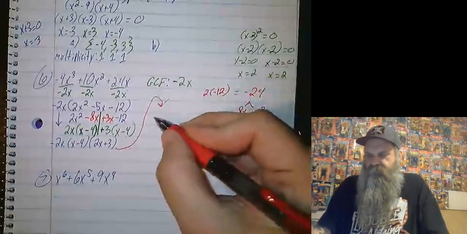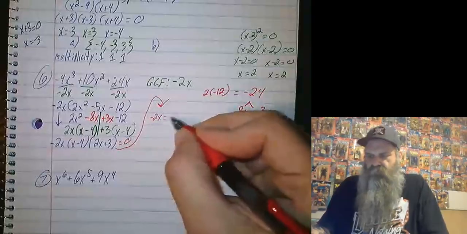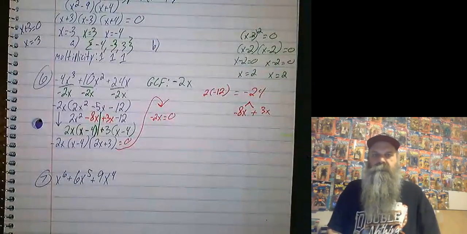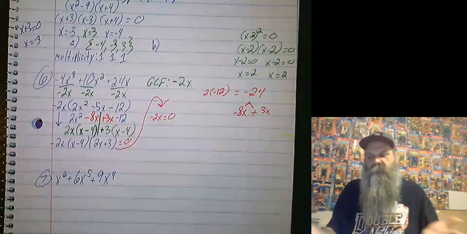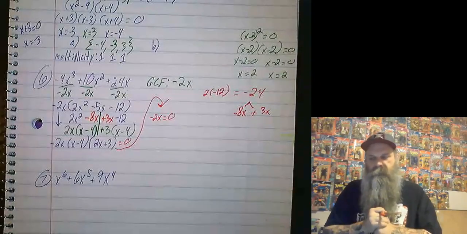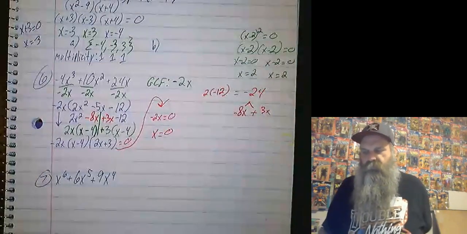let's solve over here, because we're set equal to 0. Negative 2x equals 0, that's always going to be 0. There's no number being added or subtracted, and so 0 divided by anything is just 0. So this is always going to be 0 unless it's a binomial.